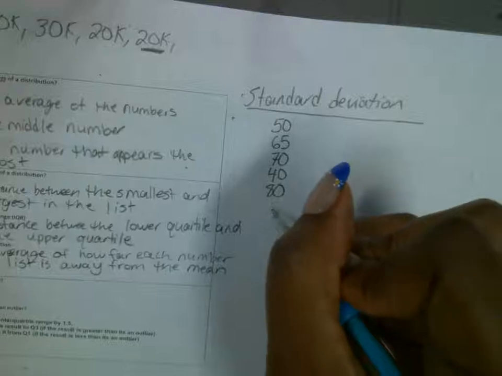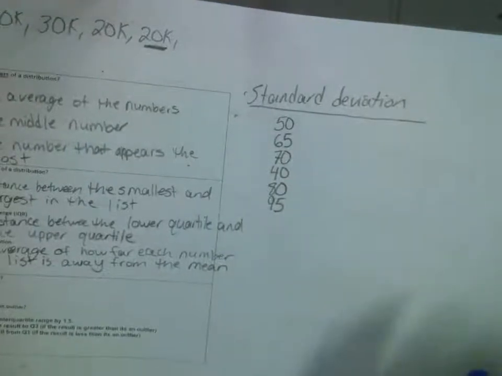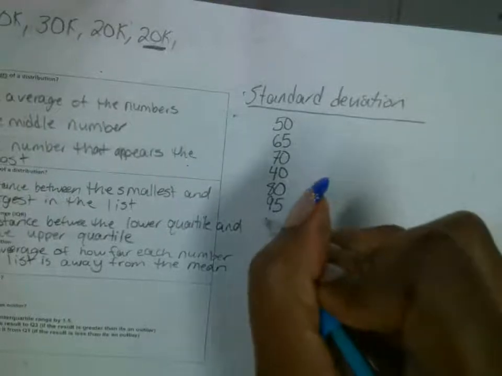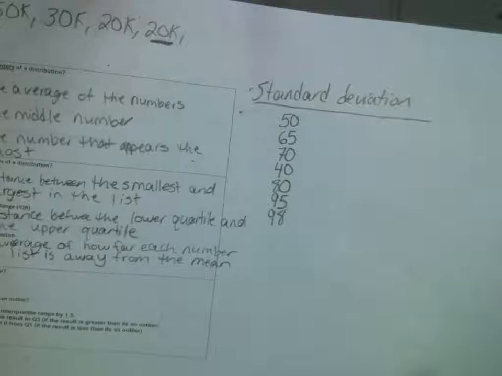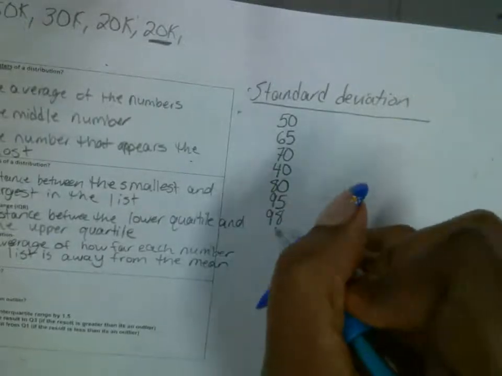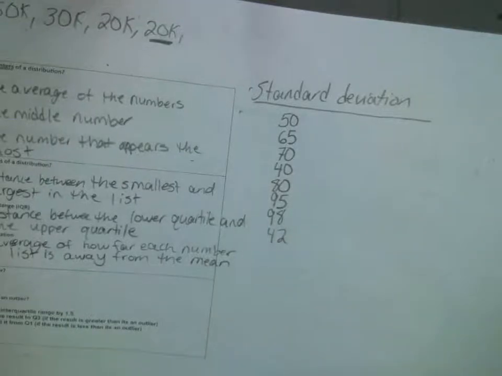And Bubble Yum made a 95, and Lulu made a 98. Okay? Let's add one more person. Johnny made a 42. Poor Johnny. Y'all got it? Okay, so now, bless his heart, Johnny is not doing it.